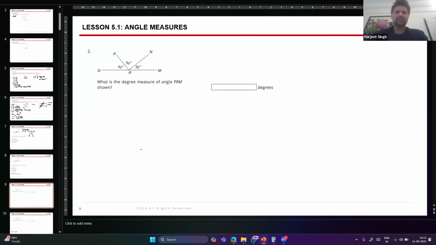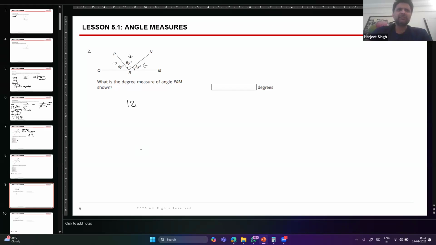Now, second question: what is the degree measure of angle PRM shown? So PRM is this what they're asking, which is the obtuse angle, more than 90 degrees. So what is PRM? Can I say the three angles here, 4y, 5y, and 3y are all adjacent to each other and all supplementary.